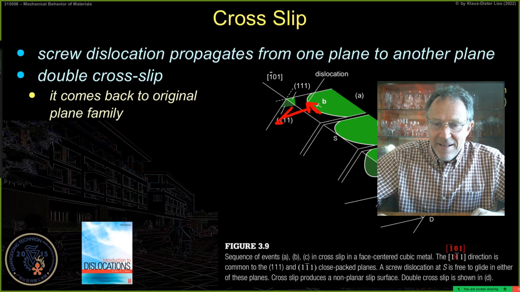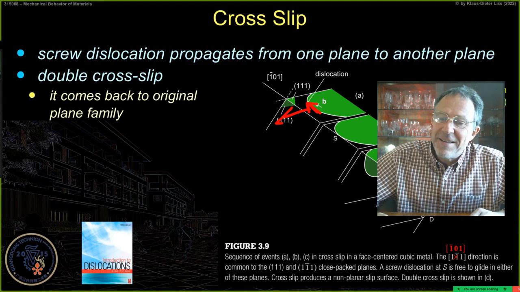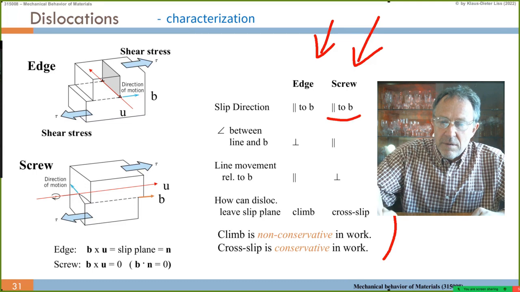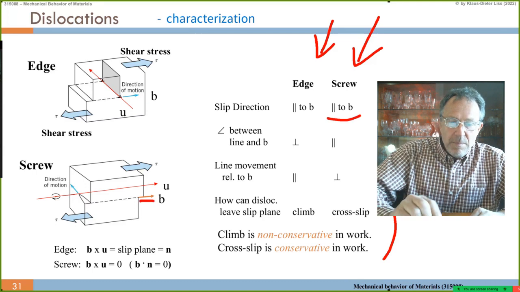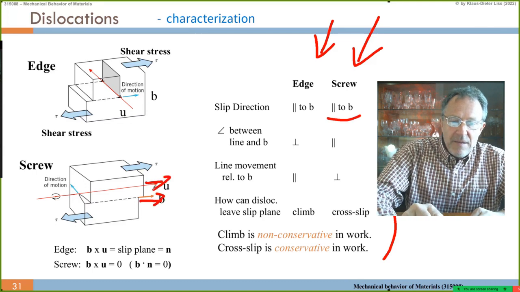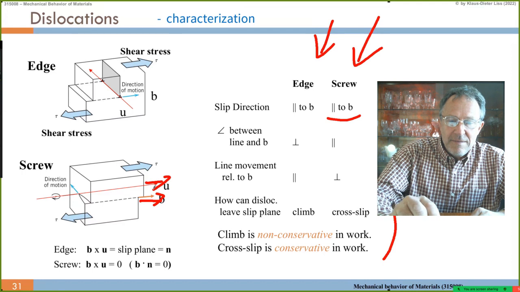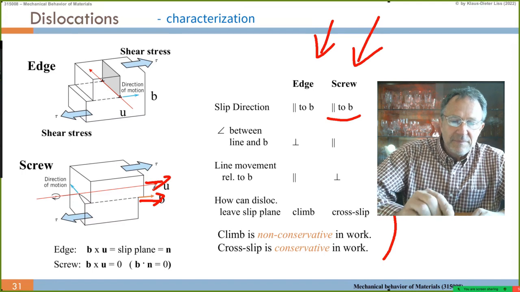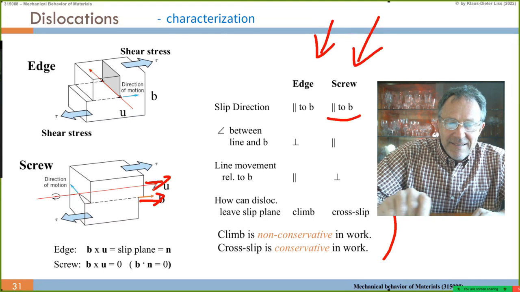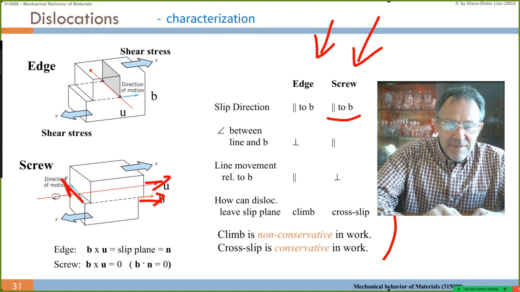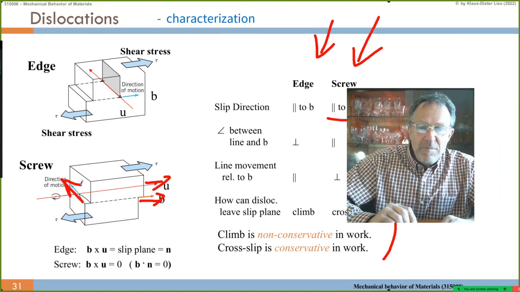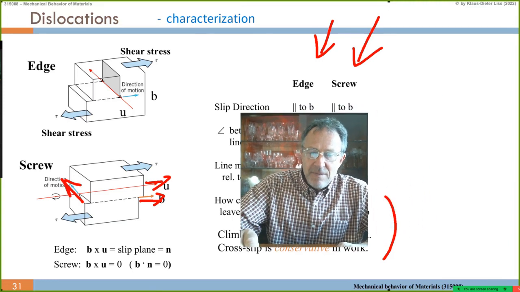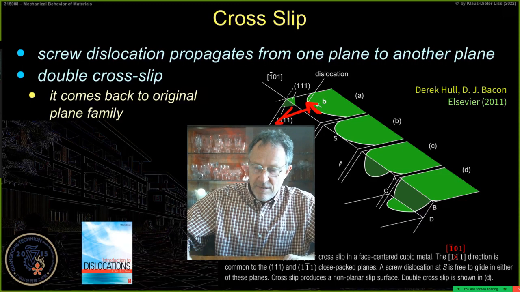Sorry, moves perpendicular to the dislocation line. There's something wrong. I'm not sure. But the Burgers vector is here. U is parallel to B, and the movement of the dislocation line goes perpendicular to the Burgers vector.